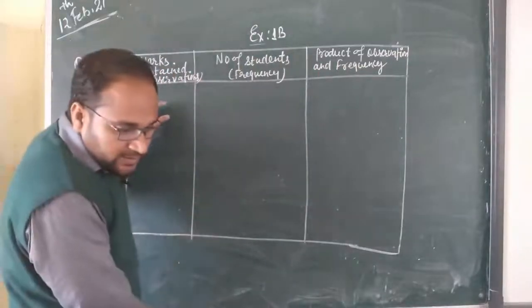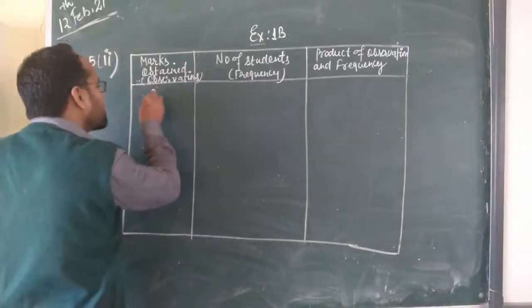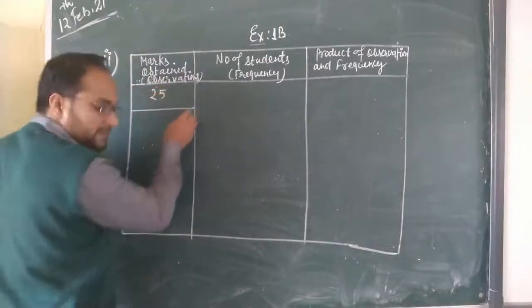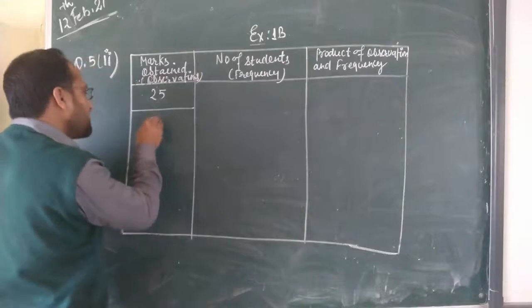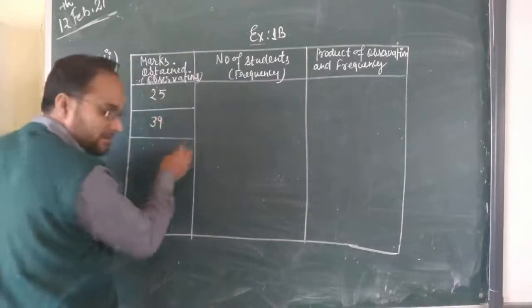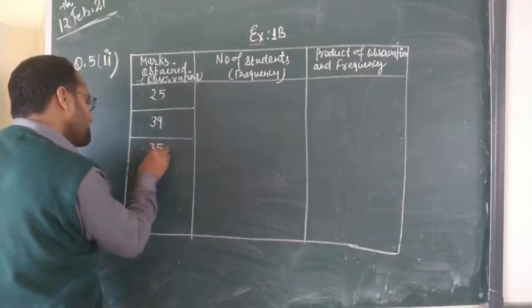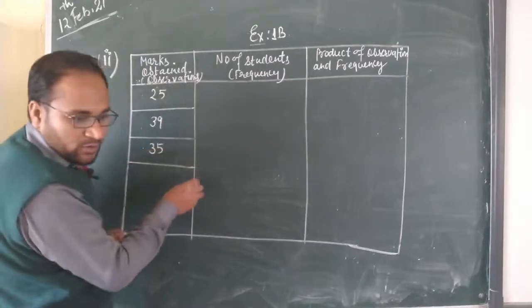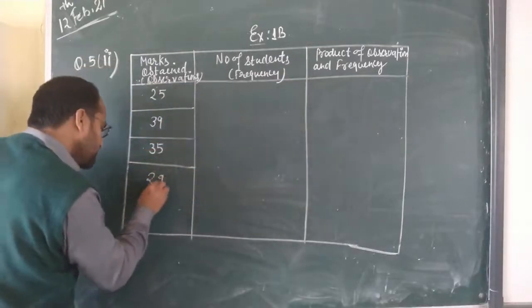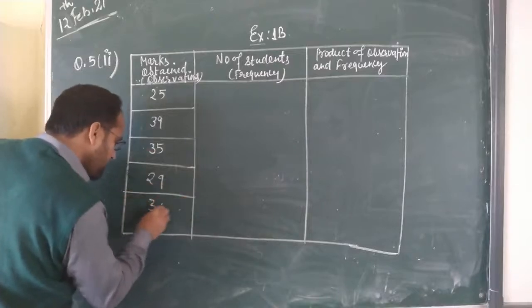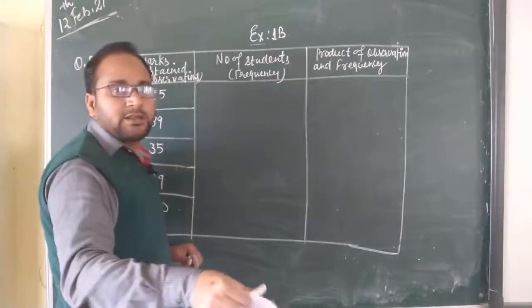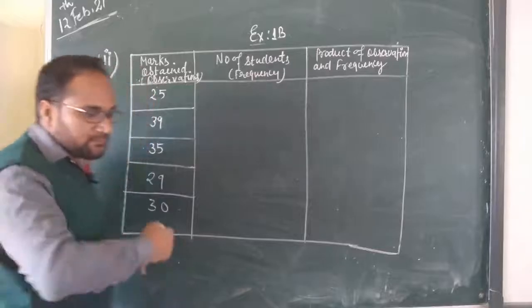The first one is 25 marks, then 39 marks, next is 35, next is 29, and the last one is 30. These are the marks given in your question, students.